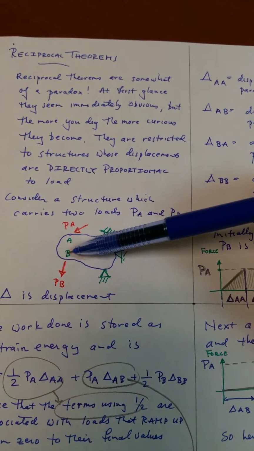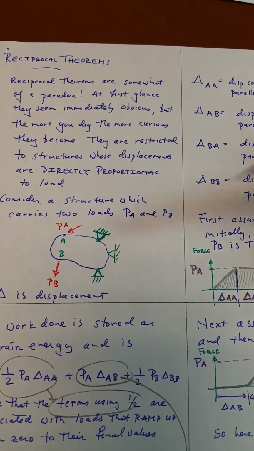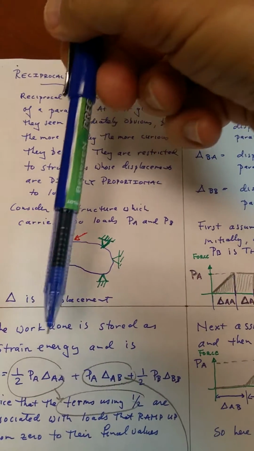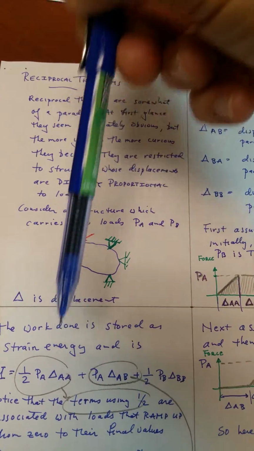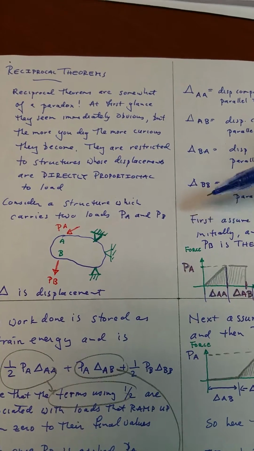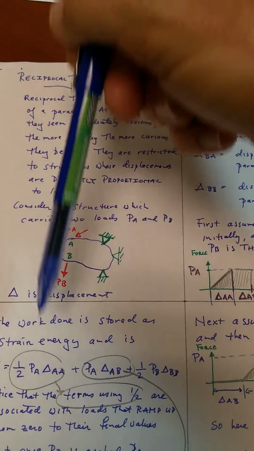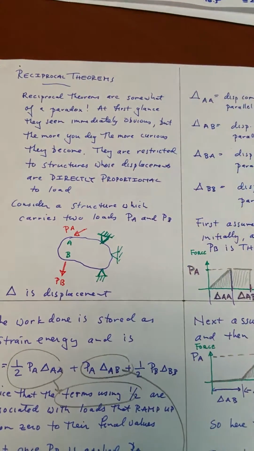And then delta BA is the displacement component at B parallel to PB but induced by PA. And then we have the easy one. Delta BB is the displacement at B parallel to PB induced by PB.